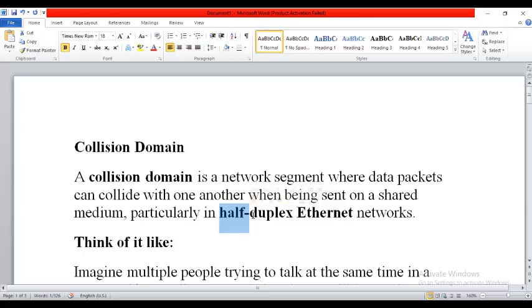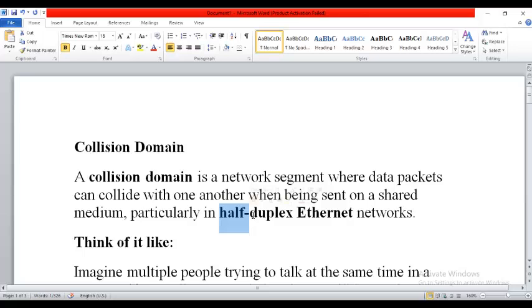Especially intercity roads or interstate roads, you see. They are like 4-way, 6-way, 8-way roads. If it is an 8-way road, 4 roads are meant for going, 4 roads are meant for coming. So there is no chance of collision.